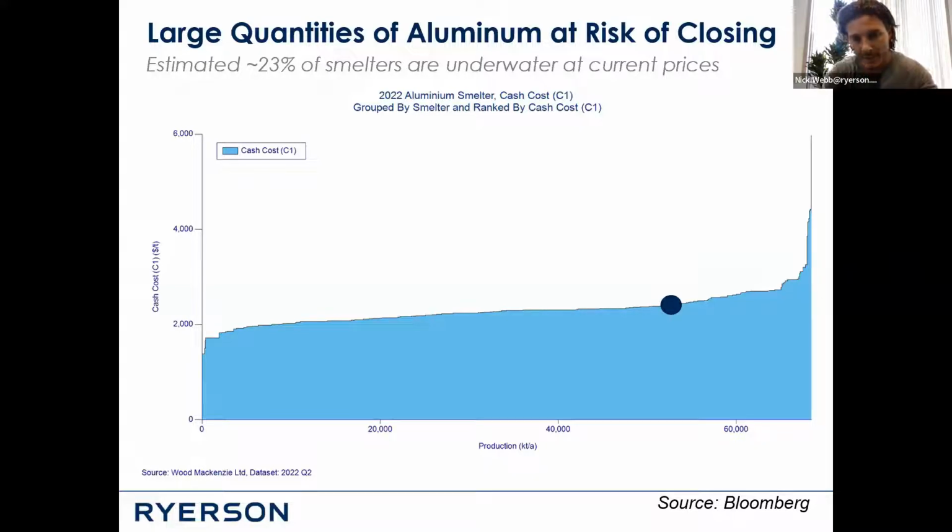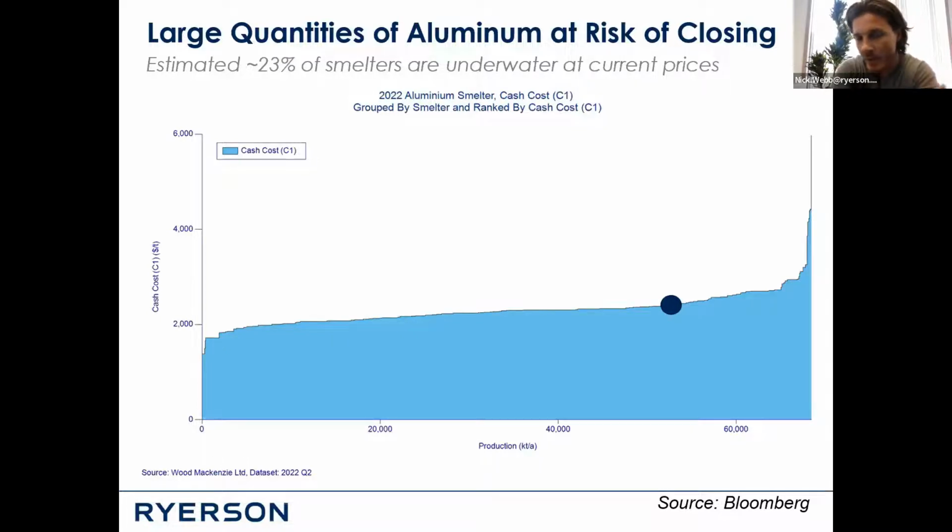So as we look at the x-axis, left to right, that's essentially how much production capacity of aluminum there exists in the world today. So let's call it roughly 70 or 80,000 metric tons of smelting capacity. Looking along the y-axis on the left-hand side, that is the cost of production for making that aluminum.